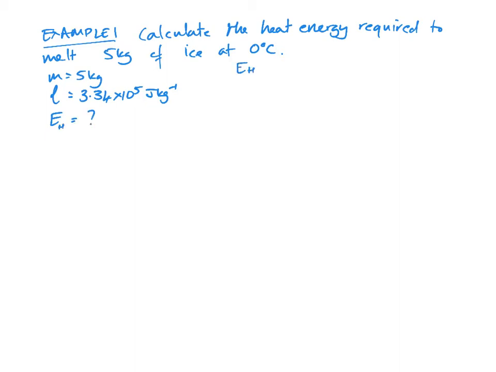So formula E_H equals mL. It's 5 times 3.34 times 10 to the 5. Plug into your calculator and rounding off, you get 1.67 times 10 to the 6 joules.